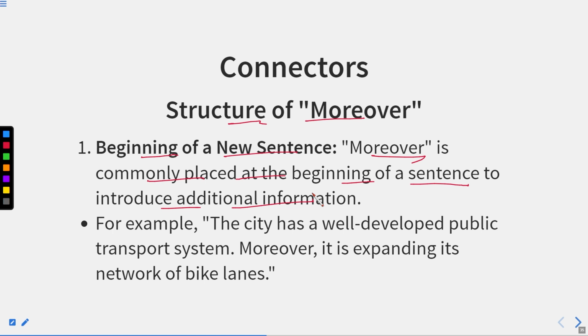So it is adding information to that particular statement only. For example, the city has a well-developed public transport system. Moreover, it is expanding its network of bike lanes. So moreover is just expanding the point which has been earlier stated.